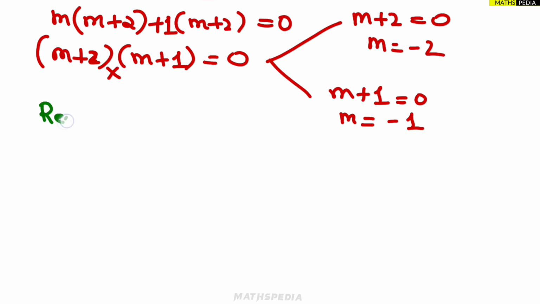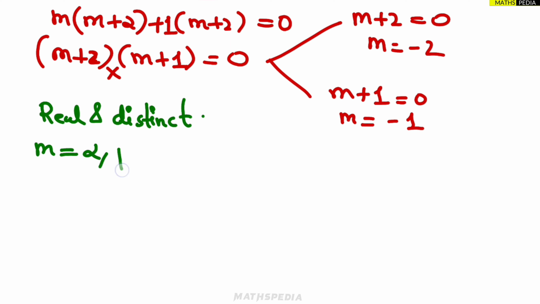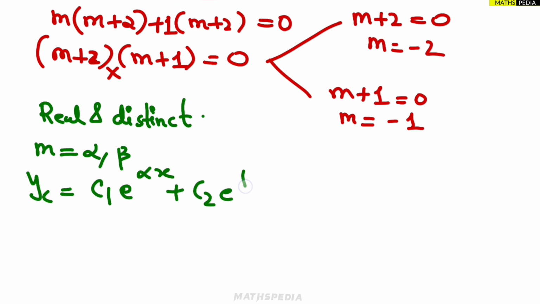Real and distinct roots. Distinct in the sense they are different roots, not the same roots. So suppose the m values you are getting are alpha and beta. Then yc, the complementary function, can be calculated as c1 e power alpha x plus c2 e power beta x. So this is the answer for that.